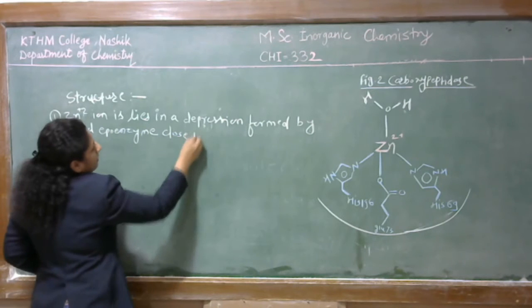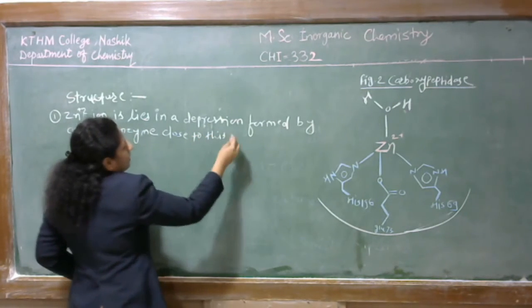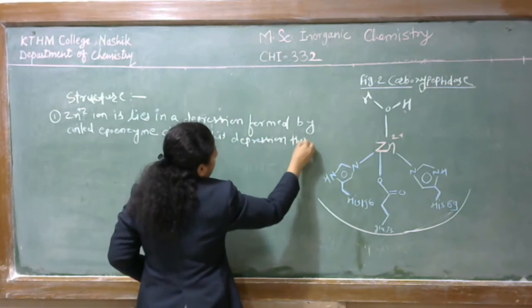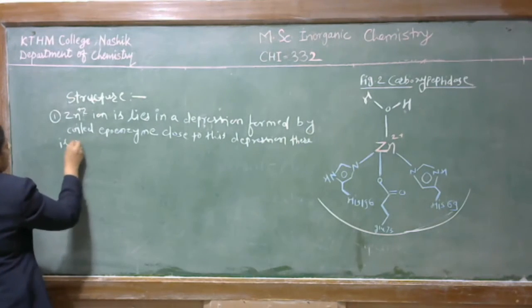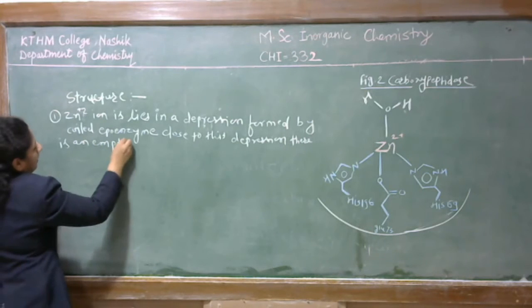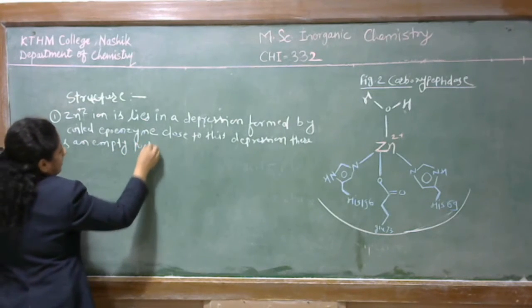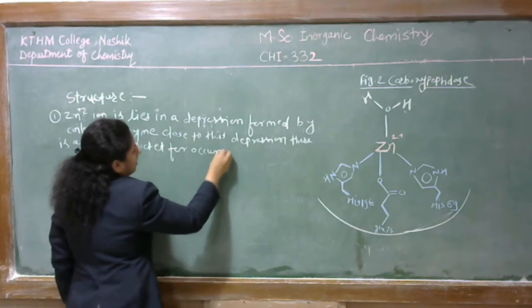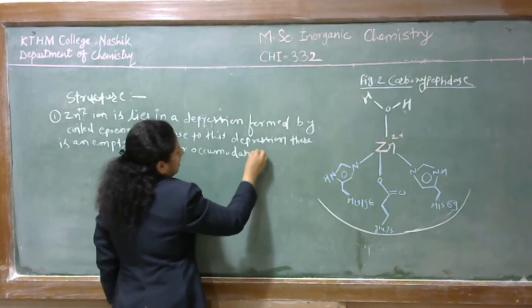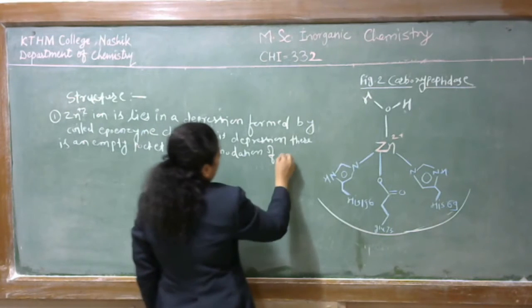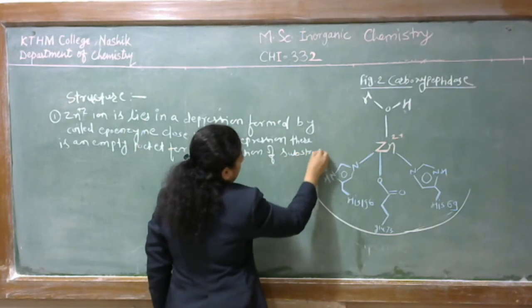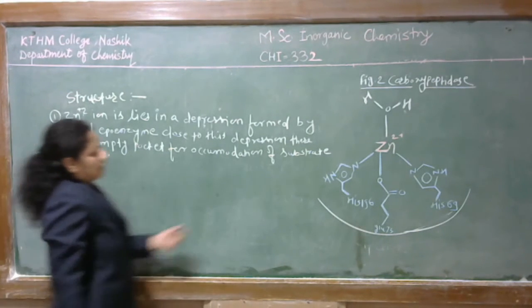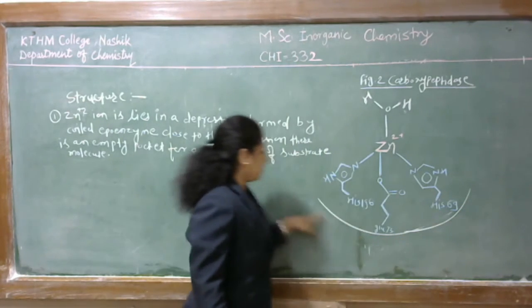Close to this depression there is an empty pocket, or space, for the accommodation of the substrate molecule. So this is a pocket of the apoenzyme.